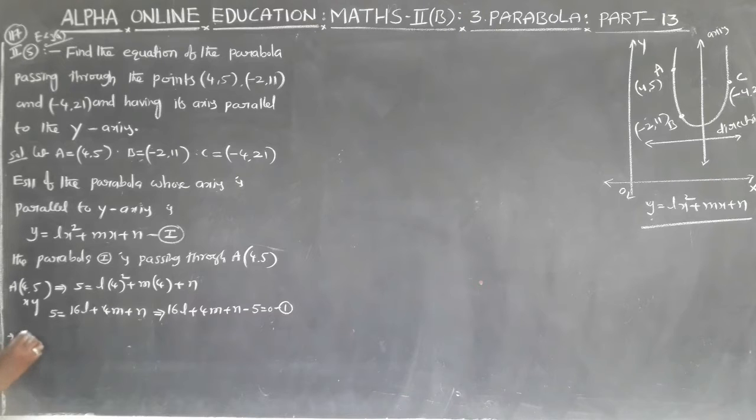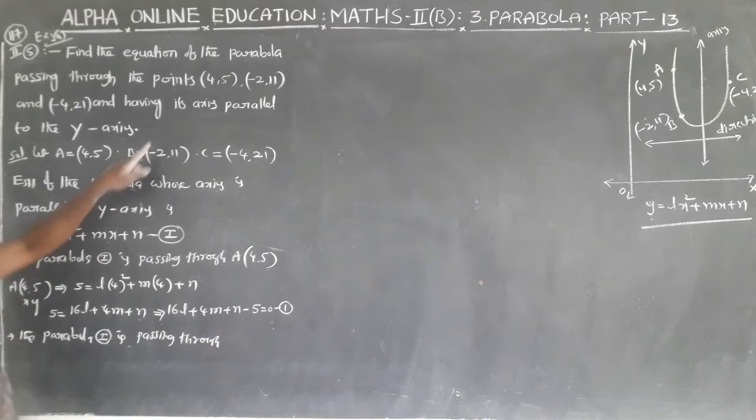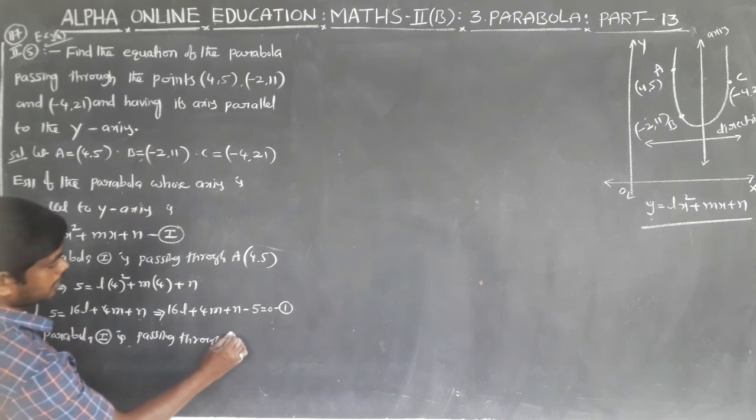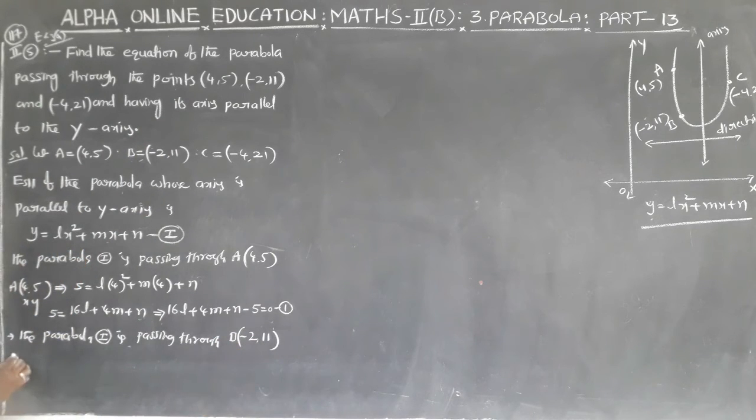Again, the parabola 1 is passing through the B point (-2, 11). B (-2, 11) is a point that lies on the parabola.